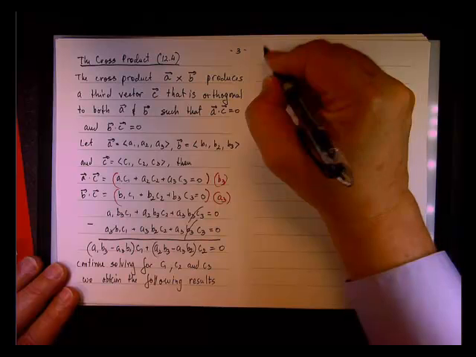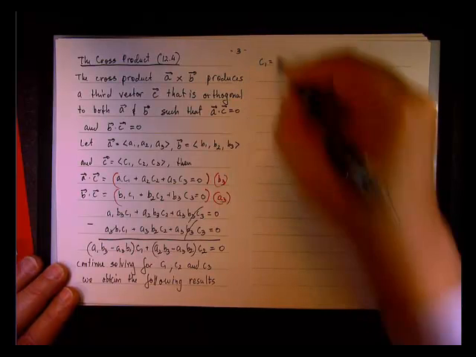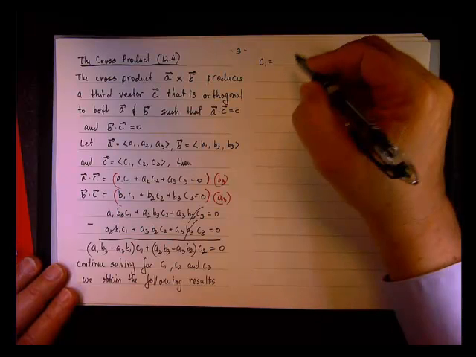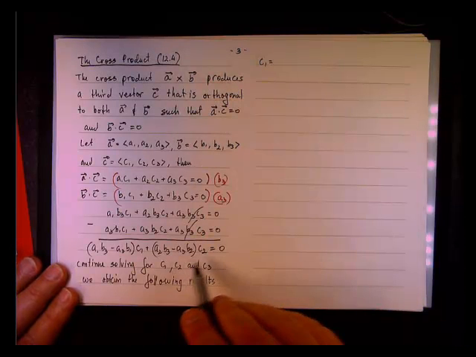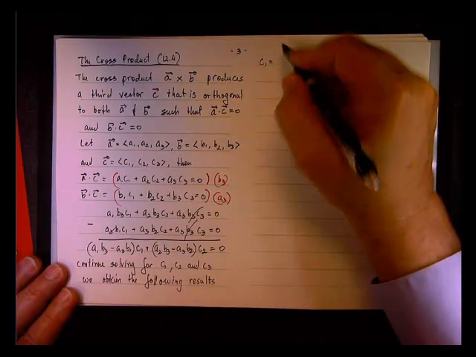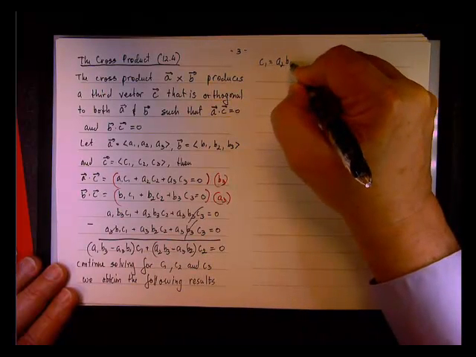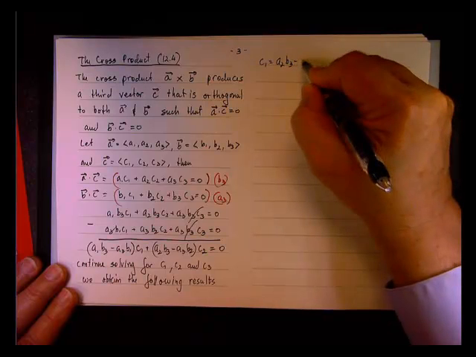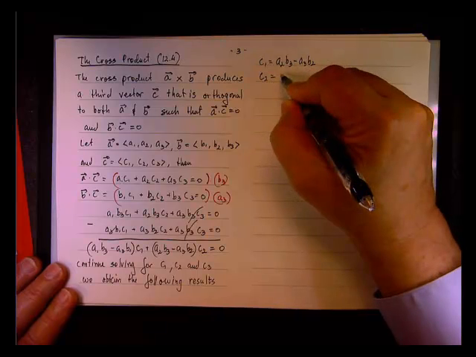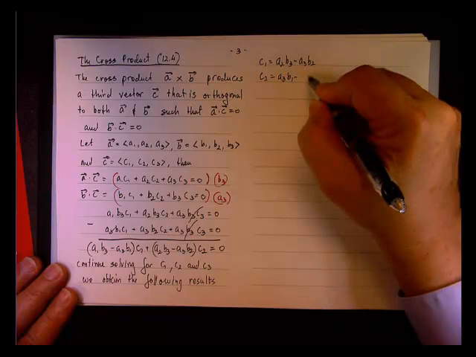We obtain the following result. Okay, so you can continue by honing your own algebra skills. And this is what's going to happen. The solution is C1 will be the quantity A2 B3 minus A3 B2.